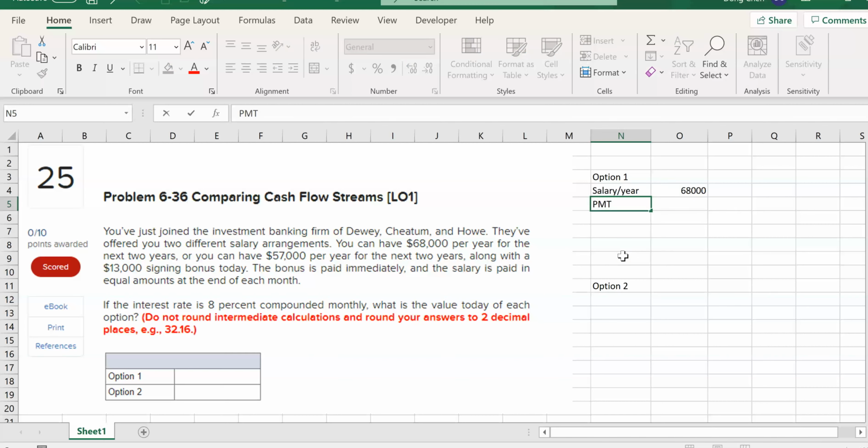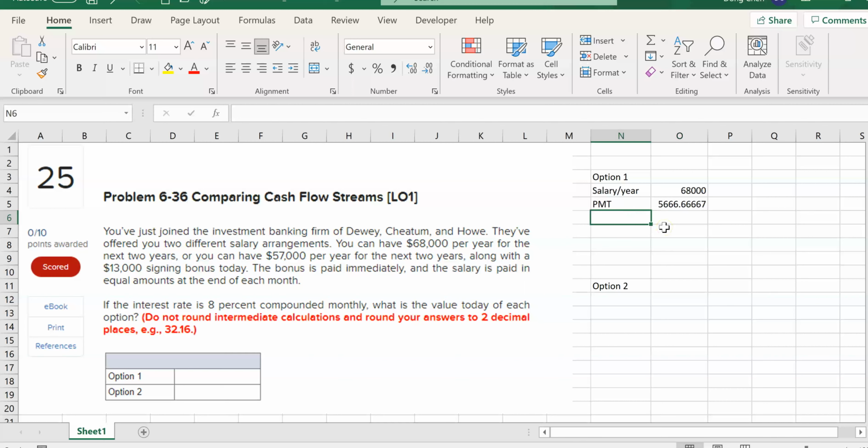Option 1 should be understood as an annuity because each year we have 12 monthly payments, and that continues for 2 years, which means we have 24 equal monthly payments. So each payment is simply the annual salary divided by the number of months within a year, 12.